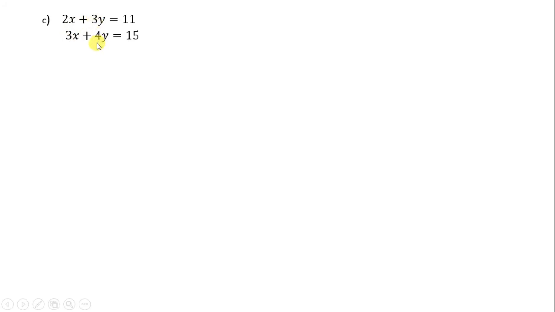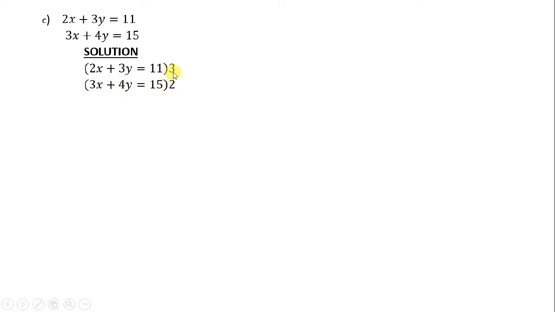What we are supposed to do is to either make y have the same coefficient or make x have the same coefficient. We are going to make x have the same coefficient by multiplying the first equation by 3 and the second one by 2. Let's do that.